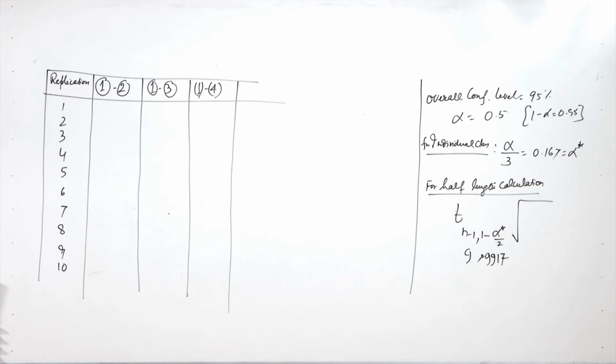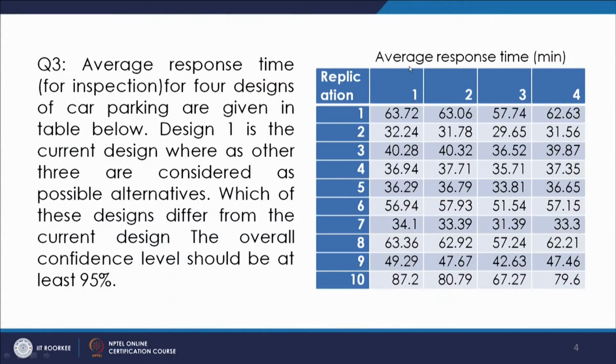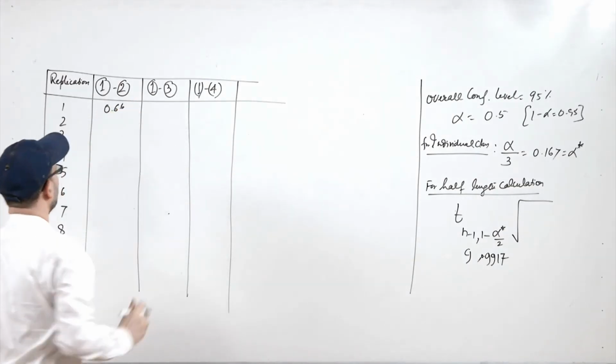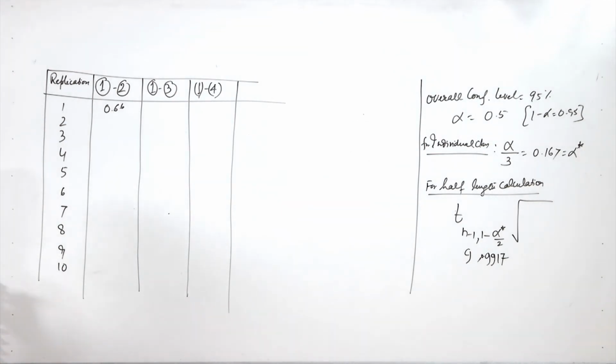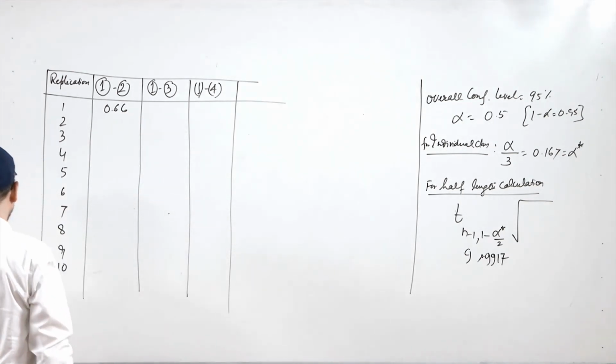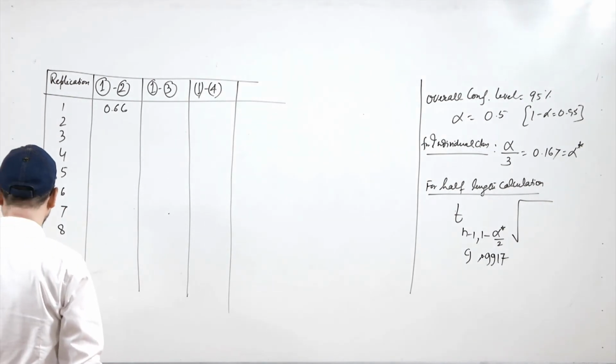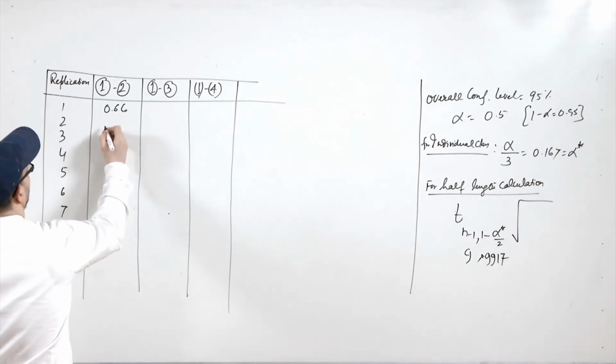Suppose we do it for the 3 values. If you look at this, 63.72 minus 63.06, it will be 0.66. Similarly, the second number will be 32.24 minus 31.78. So, it will be 0.46.